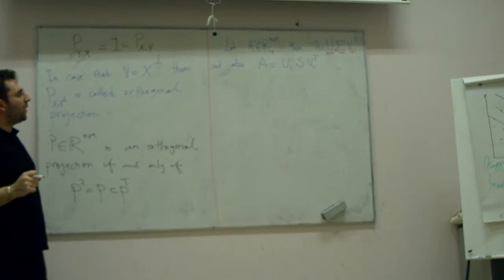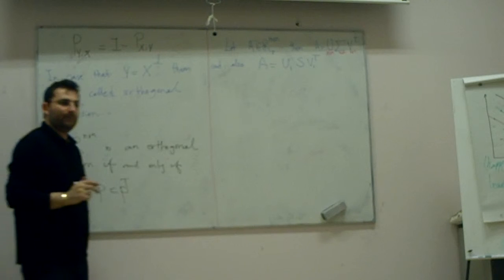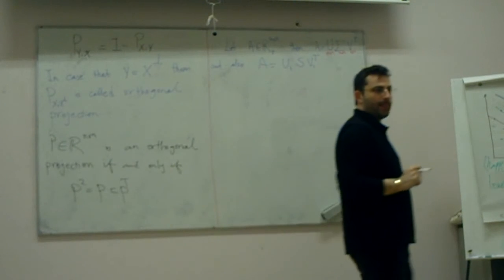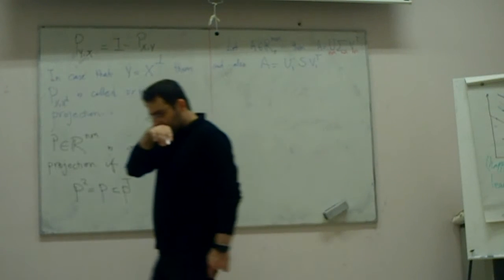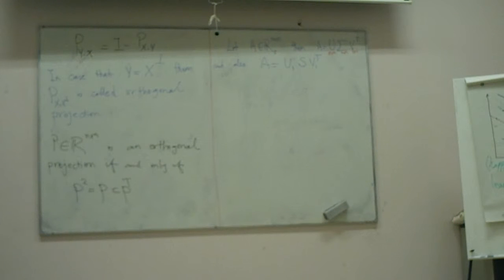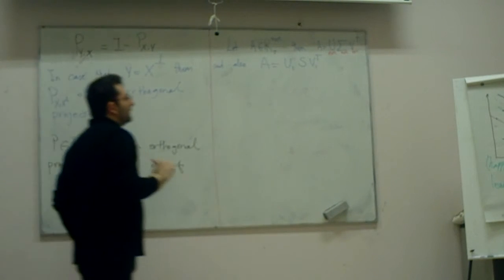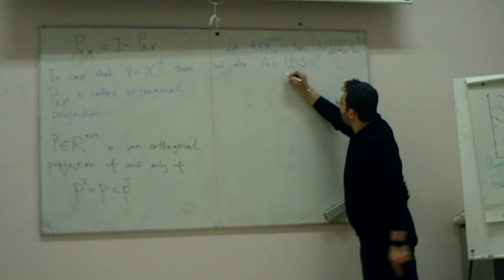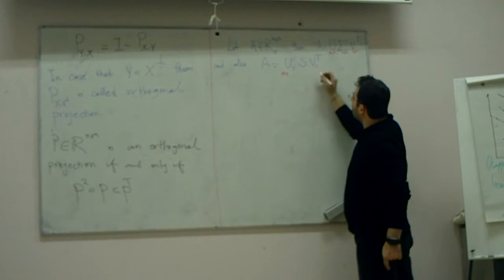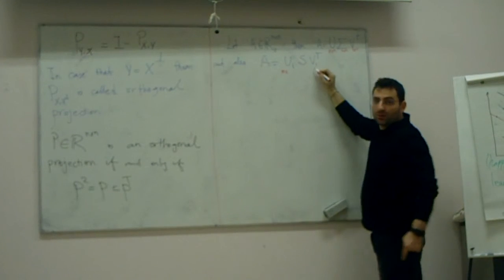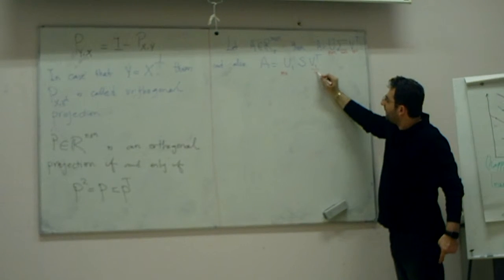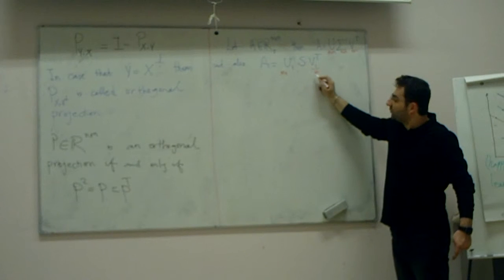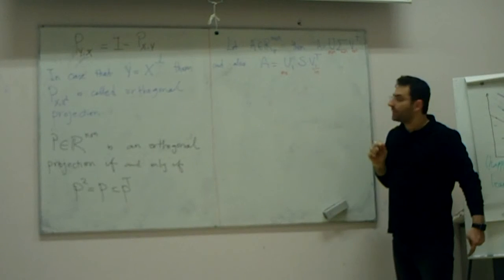Now, what about U1? What is the size of U1? We understand that it is m by something, and V transpose is multiplied by n, so V1 should be n by something itself without transpose.